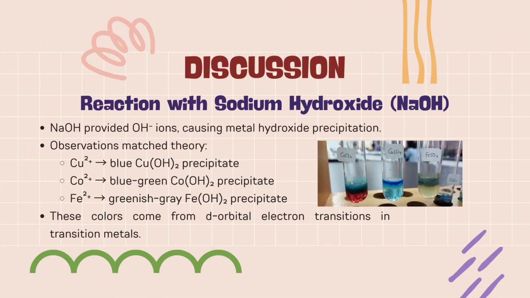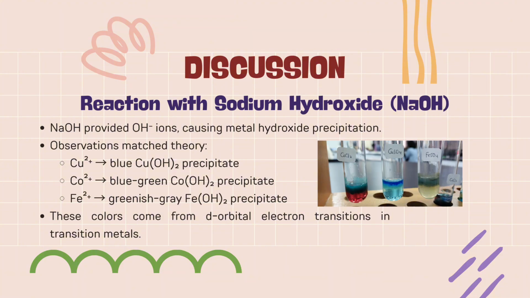Alright, so here is our discussion for this experiment. The first is about the reaction with sodium hydroxide. When sodium hydroxide was added to the metal salt solution, hydroxide ions react with the metal ions to form insoluble metal hydroxides.